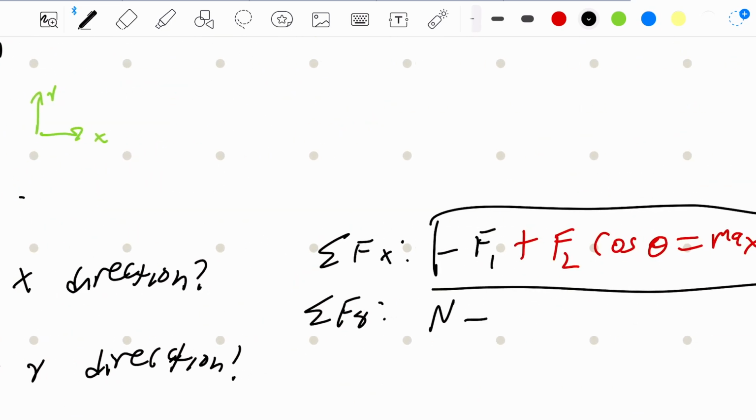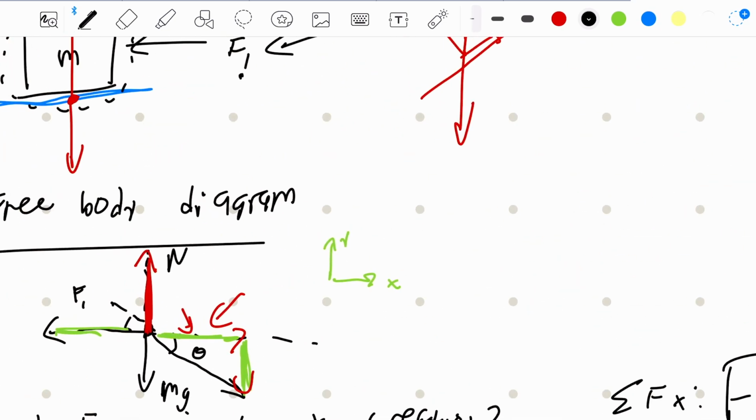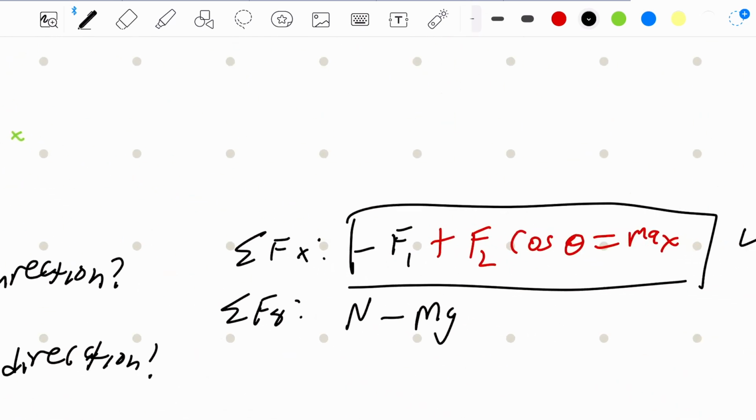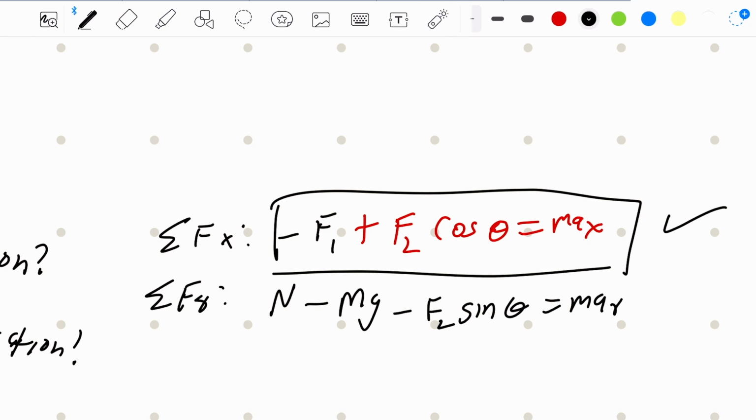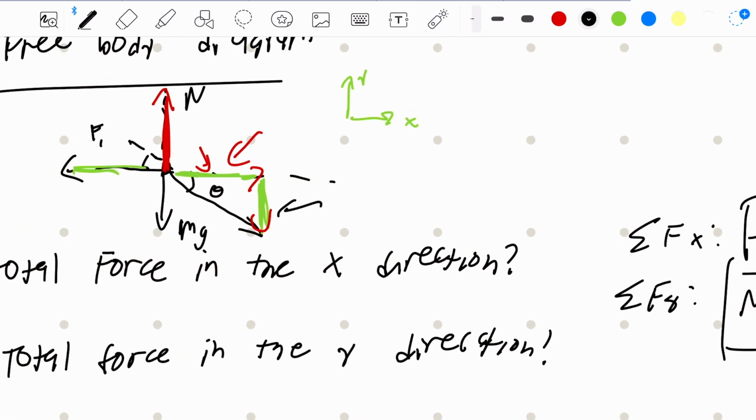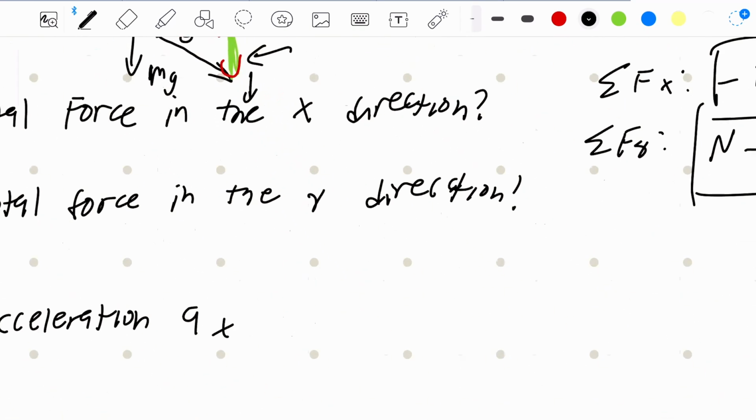We have minus mg, because that's going negative. And we also have minus F2 sine theta, and this is going to be equal to may. And that's because this is going negative, right? It's pointing downwards, so that's minus F2, and this is opposite, so it's minus F2 sine theta.